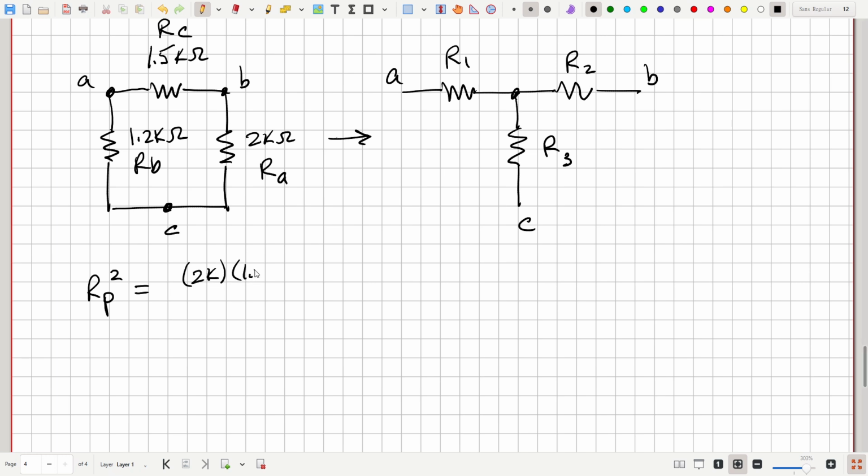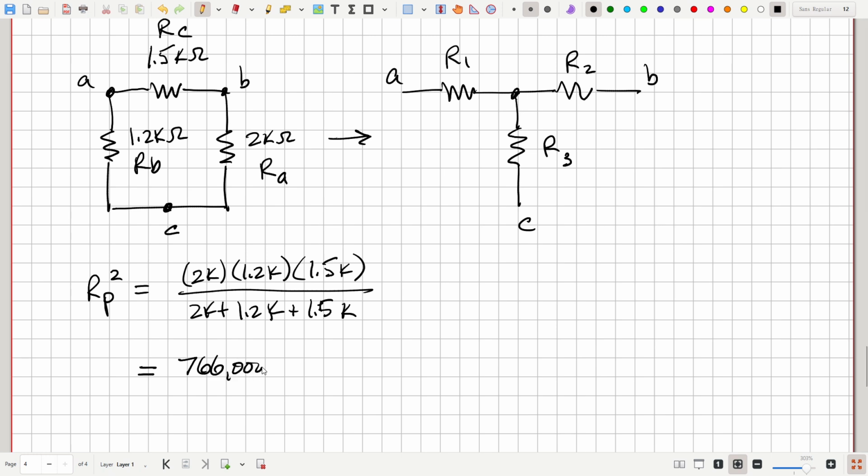So that's 2K times 1.2K times 1.5K over the sum. 2K plus 1.2K plus 1.5K. And that is 76,000 ohms squared.